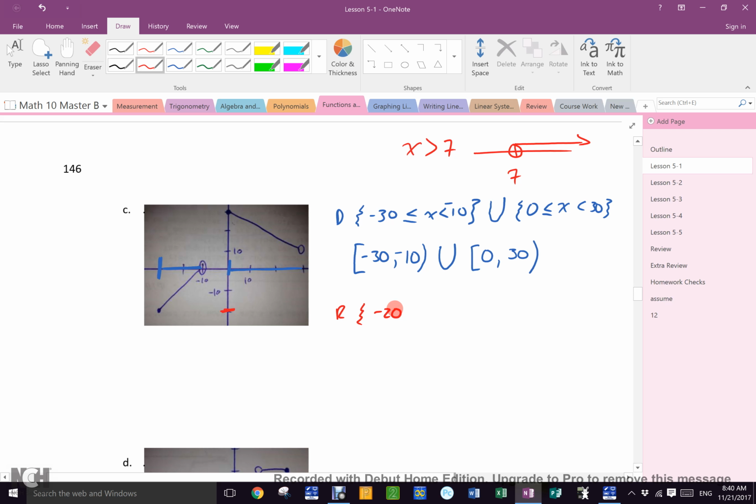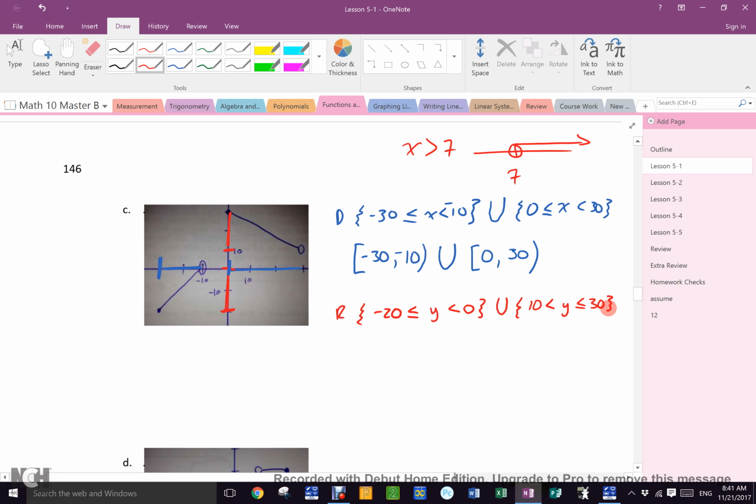How do you know? Closed dot, so it's less than or equal to. Then I go up to what? 0. Do I hit 0? No. So y value gets a regular one of 0, squiggly bracket. Is there more range? So I write a union. Where does it start again? 10. Do I hit 10? No, because it's an open dot. So it's a less than y. And what's the biggest y value I have? 30. Do I hit 30?